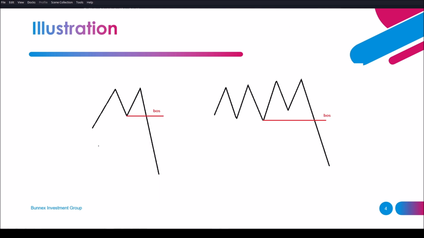So this is the illustration of everything that I've just said. This is an M pattern where we break the neckline, we obtain the primary bias, as well as if we break the low of an accumulation phase, we obtain the primary bias of the institutions.